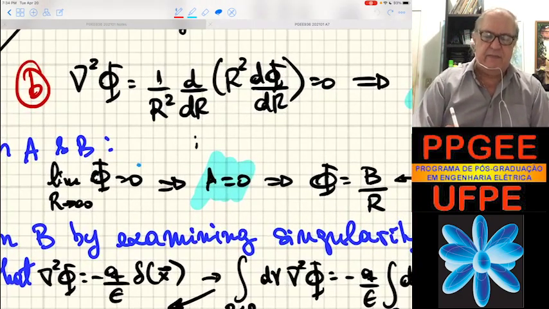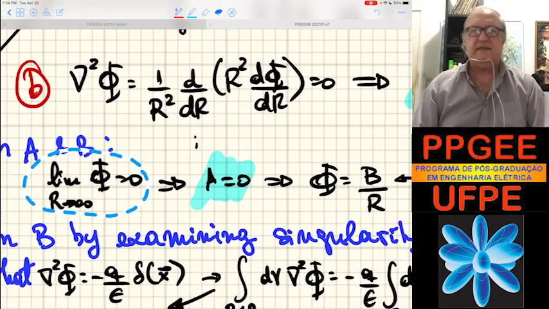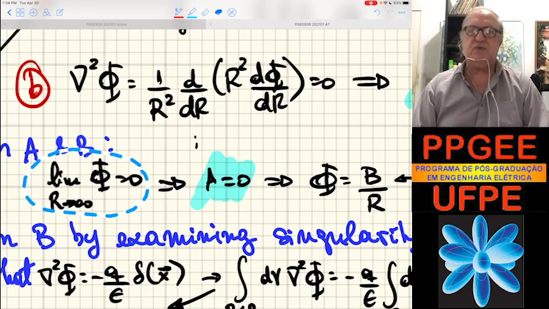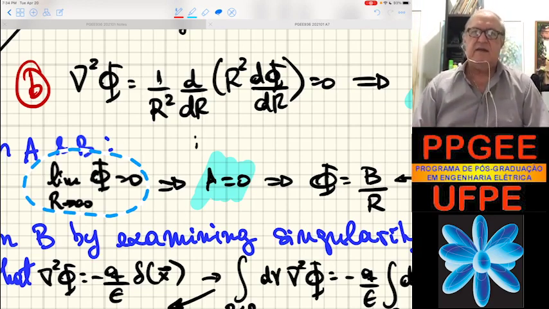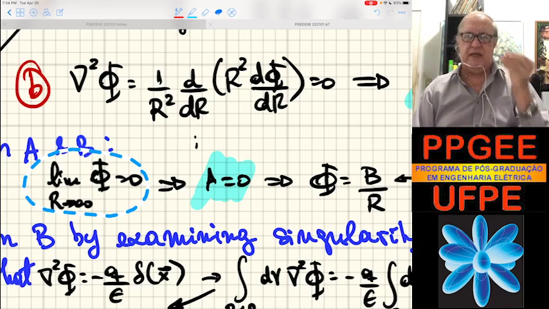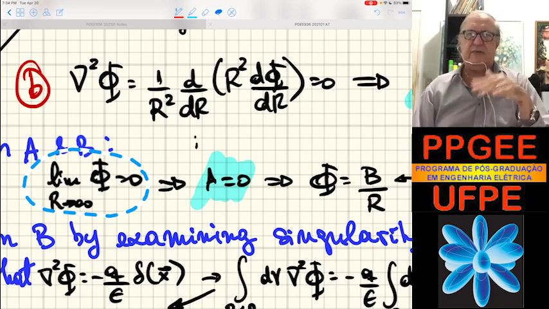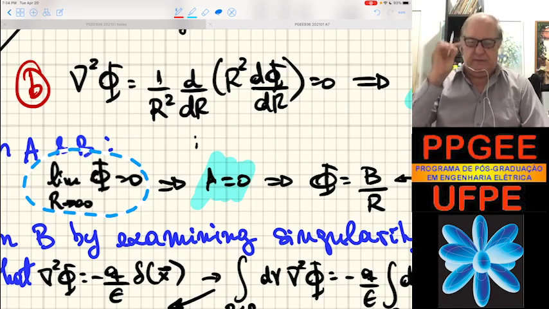When the distance is very large, let's assume that the potential goes to 0. Otherwise, it's going to be a constant value that is irrelevant for determining the field. Recall that every time you solve for the potential, the final thing you want to determine is the field, so any arbitrary constant is going to vanish when you calculate the gradient of the function.